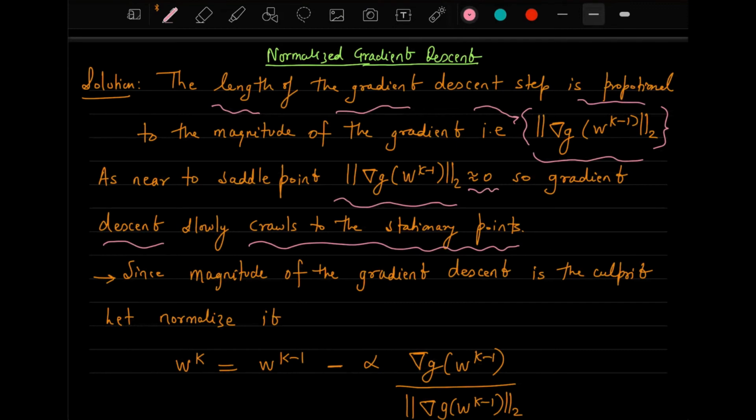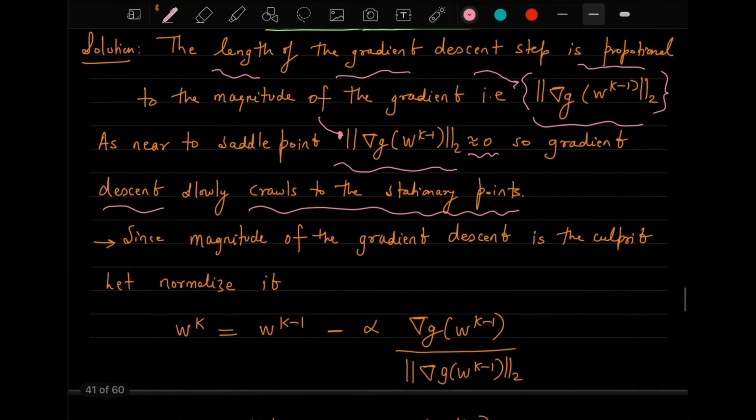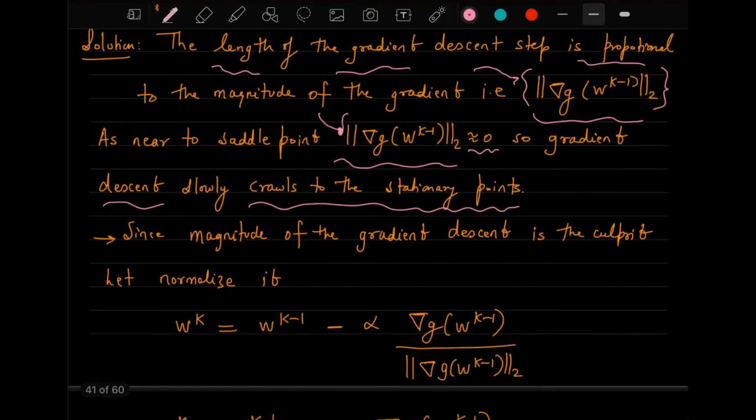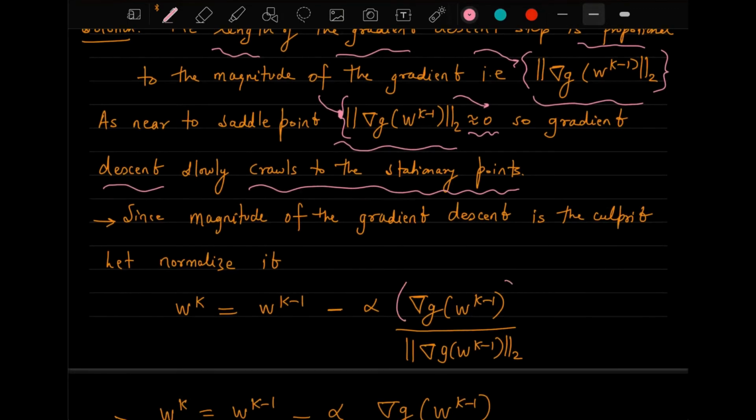And now we have to address this situation, how to avoid this. At the saddle point, we realized that the gradients are getting close to 0. So let's do one thing: let's divide the gradients by their magnitude to make it a unit vector.